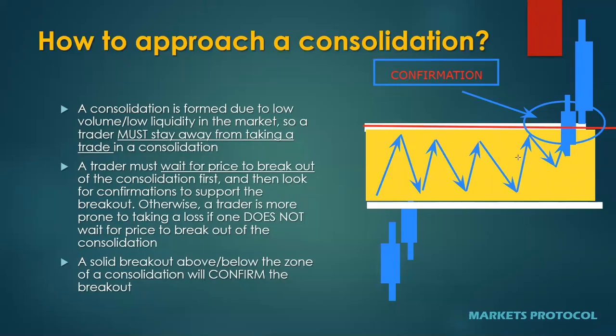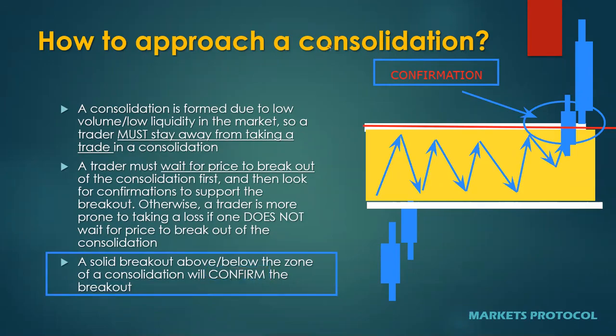If you're trading 5 days a week, Monday to Friday, there's a high probability that you're going to encounter a consolidation either once or twice in a week. So it is really important to understand consolidations, how to approach them, how to identify a consolidation, and also to know why consolidations happen. But once again, a solid breakout above or below the zone of a consolidation will confirm the breakout.